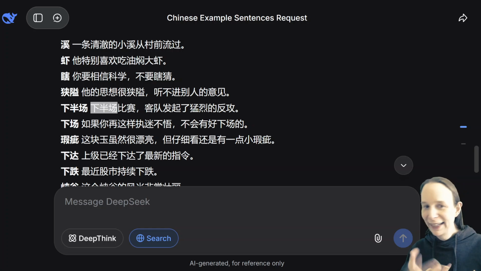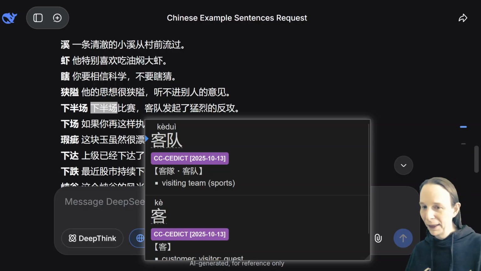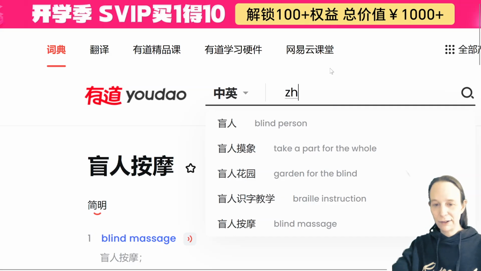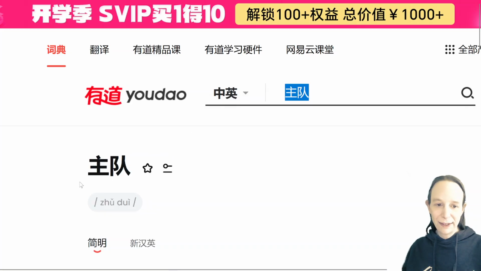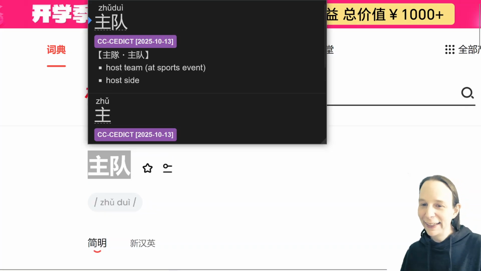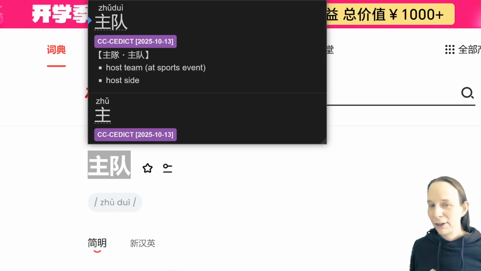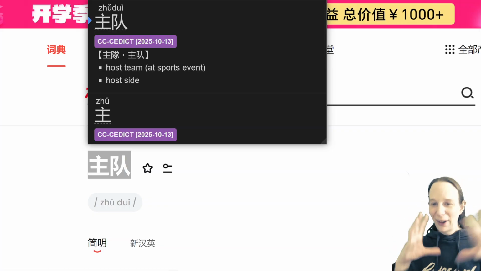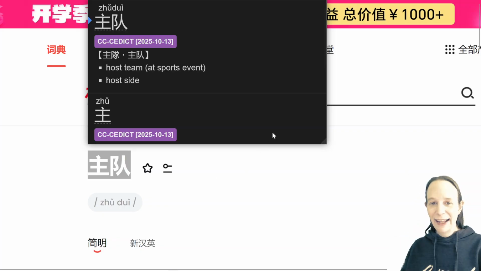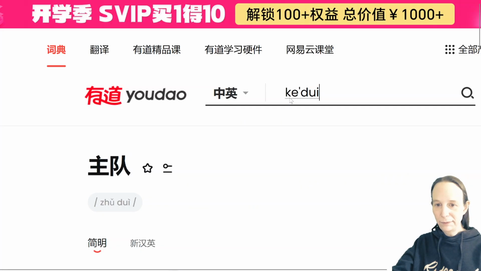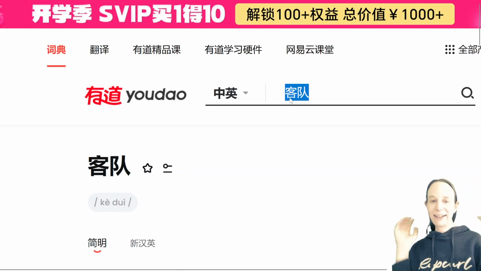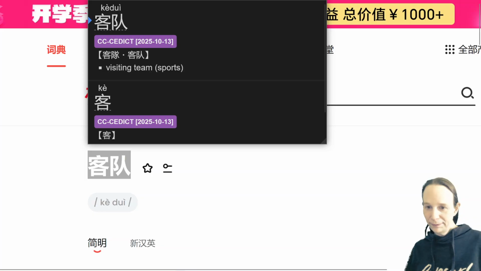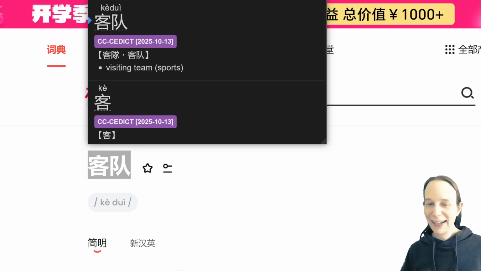All right. So during the second half, I'm expecting the 客队. I assume 客队 is the antonym of 主队, but it might not be. Yeah, no, I guessed correctly. 主队. So 主队 is hosting the competition, and the 客队 comes along. Maybe they come to China and play a football match.